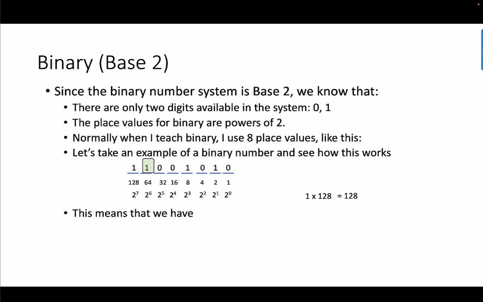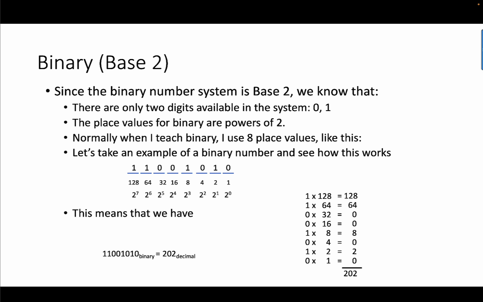We have 1 in the 64s place, so that digit represents 64. We have 0 in the 32s and in the 16s place, so those contribute 0 to our decimal value. We have a 1 in the 8s place, so there's an 8 there. We have a 0 in the 4s place, so that's a 0. We have a 1 in the 2s place, so that's a 2, and we have a 0 in the 1s place. So you can see on the right here that if we add all those numbers up, we get 202.